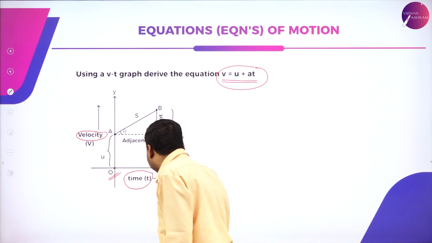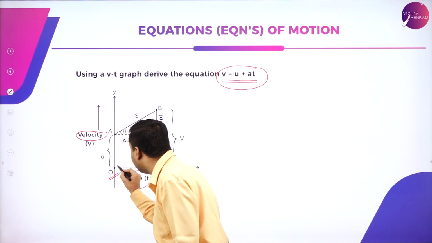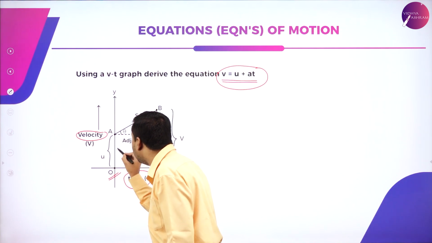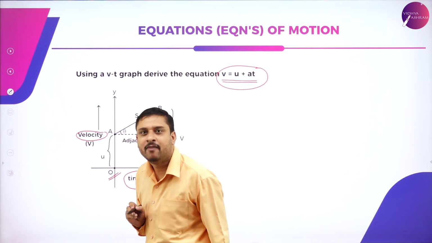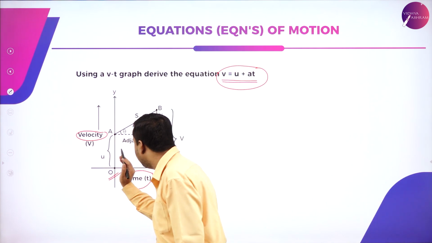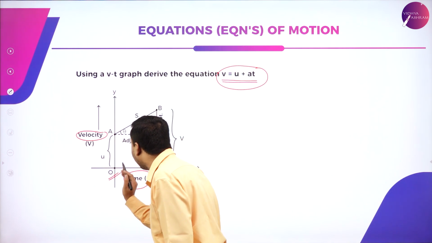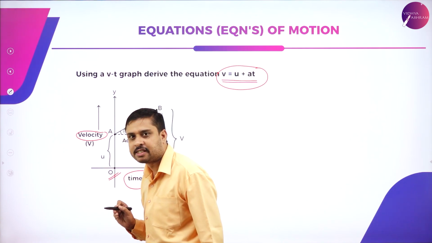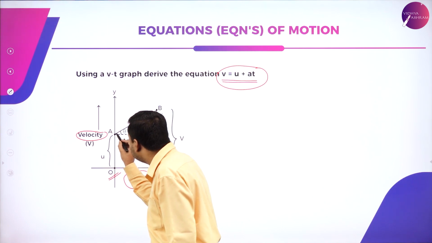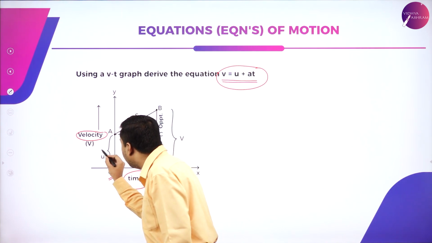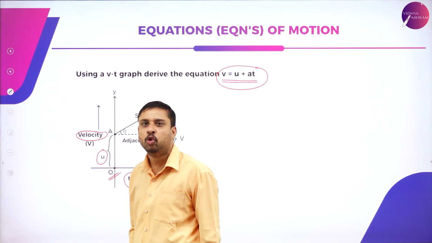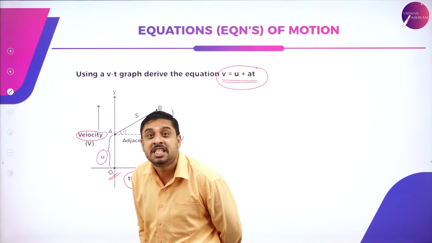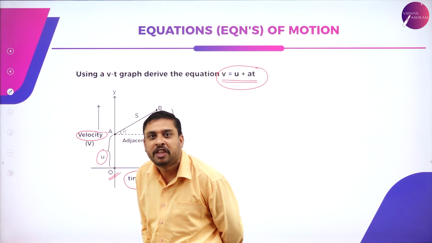Now, as there is an increase in time, the body starts to move with a certain velocity. As time increases, the body moves with a certain velocity, reaches the point A with a velocity u, what I call the initial velocity of the body.